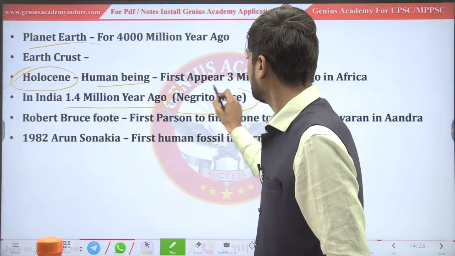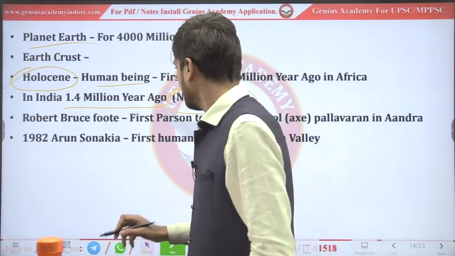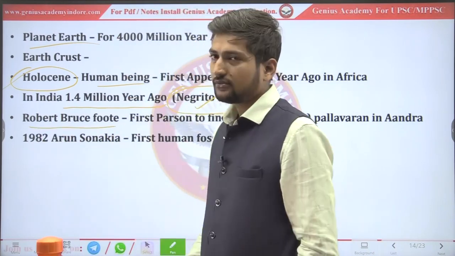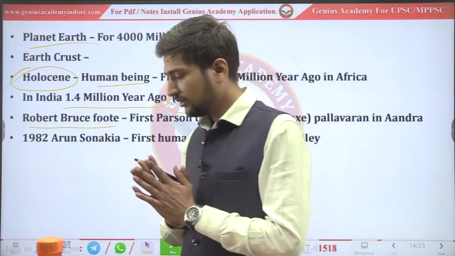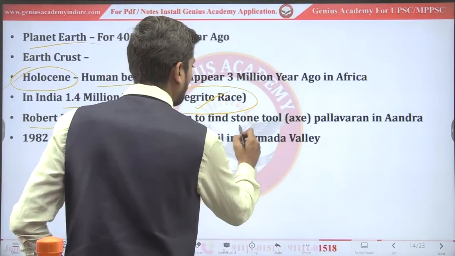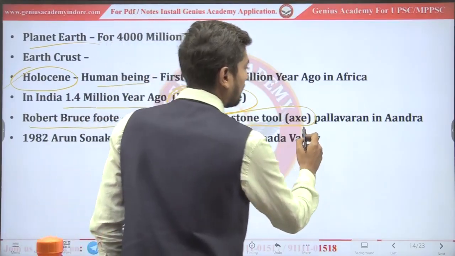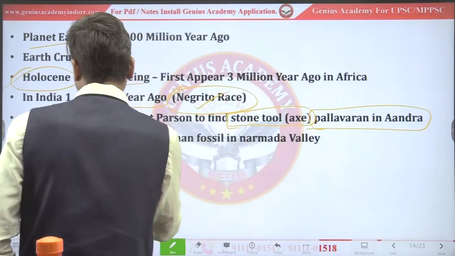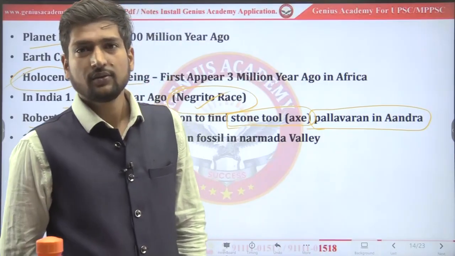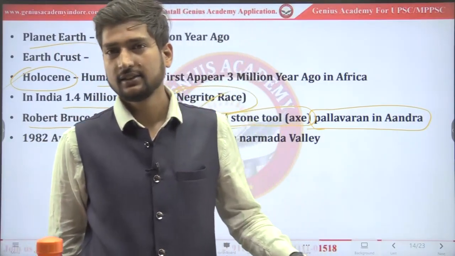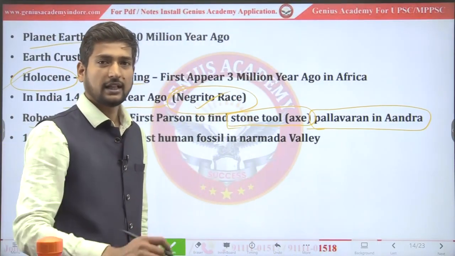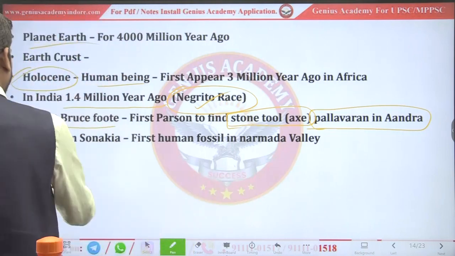And which race did they belong to? Negroid, Negrito. Robert Bruce Foote is a very famous person because he found the first stone tool, an axe, from Pallavaram in Tamil Nadu. The first tool which was found is the axe, the Kulhadi.